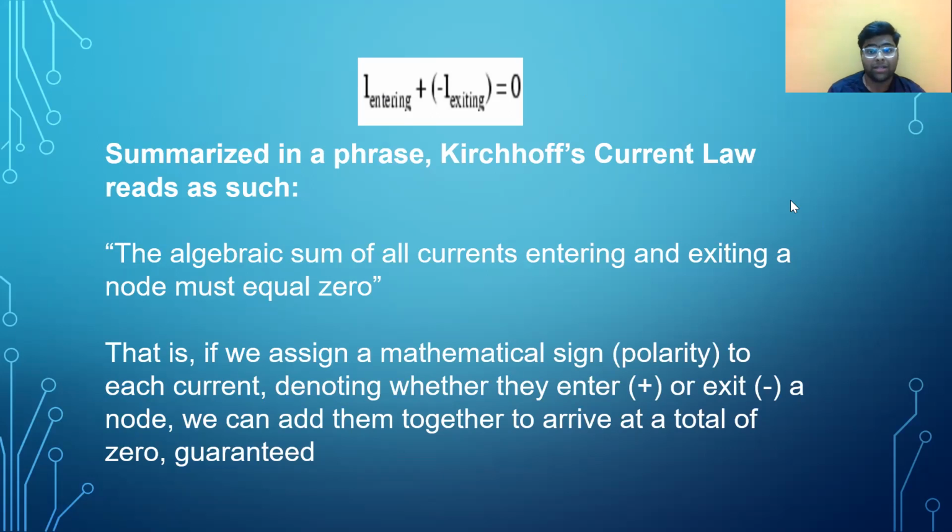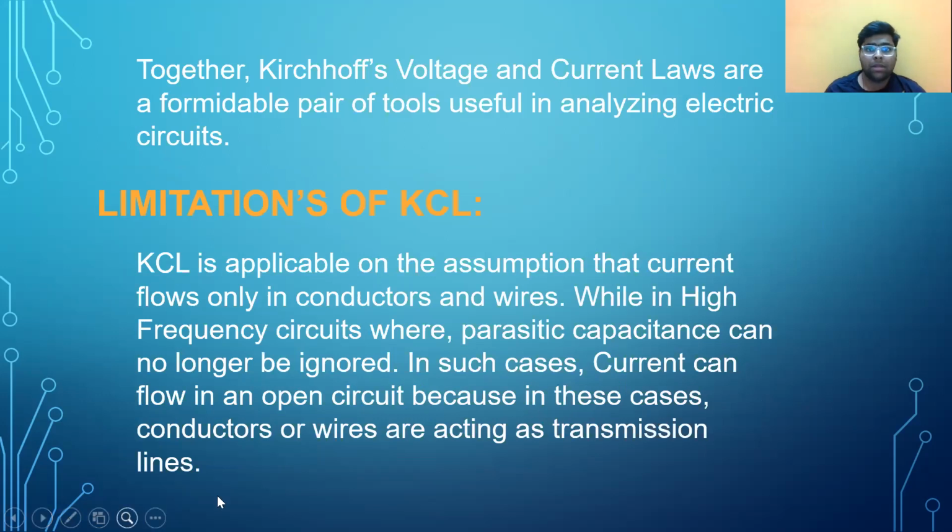This is the simplest statement of Kirchhoff's current law, for ease of understanding for beginners. That is, if we assign a mathematical sign to each current denoting whether it enters or exits a node, we can add them together to arrive at a total of 0, guaranteed. Together, Kirchhoff's voltage law and Kirchhoff's current law are a formidable pair of tools useful in analyzing electrical circuits.